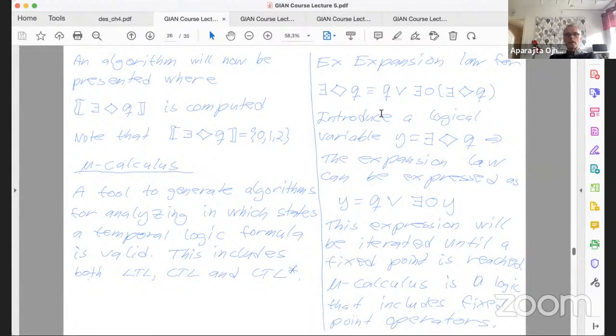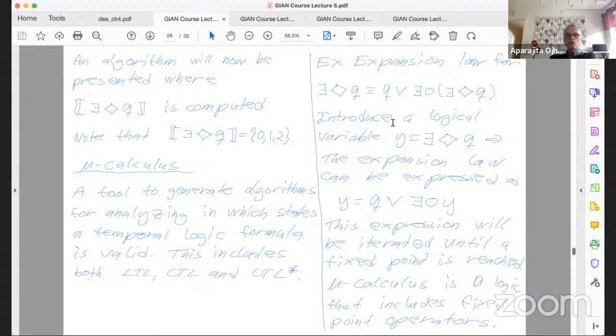Now the question, how can we use this to formulate something in Mu calculus? Well, what I do here is that I see that there is something that is repeated.